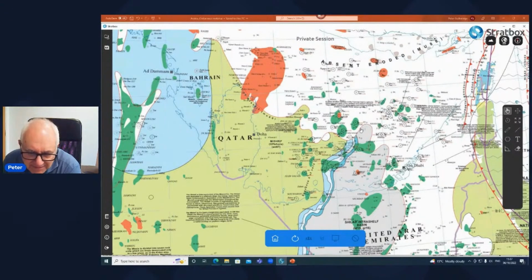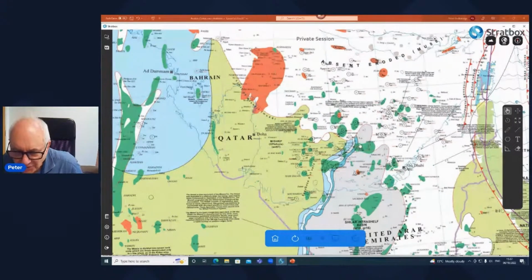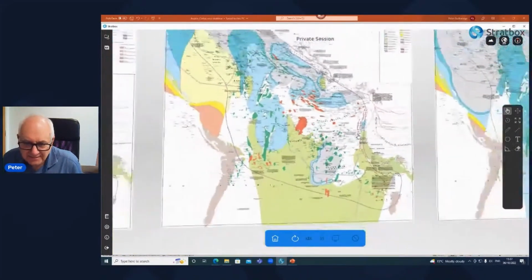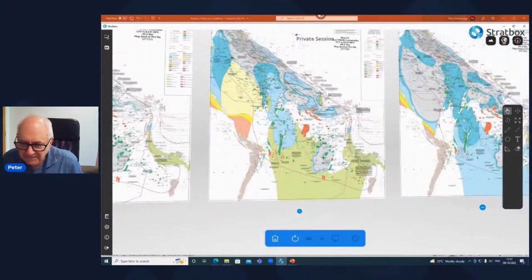Now, this unconformity impinges on these different facies, and it will have a different diagenetic effect on the reservoir quality. So it's likely to enhance reservoir quality where you have good depositional facies, and it's likely to be detrimental elsewhere. So you can take these maps at different levels.